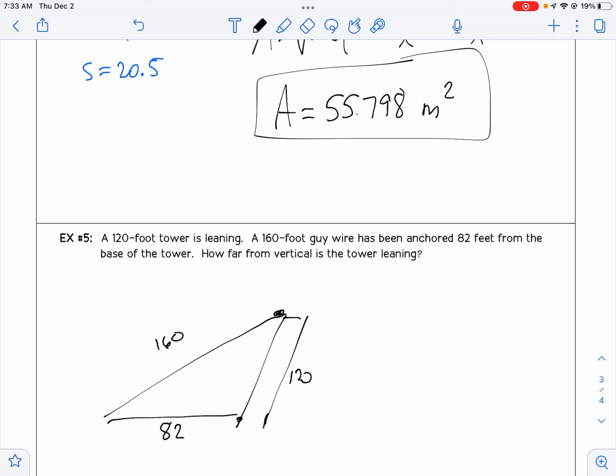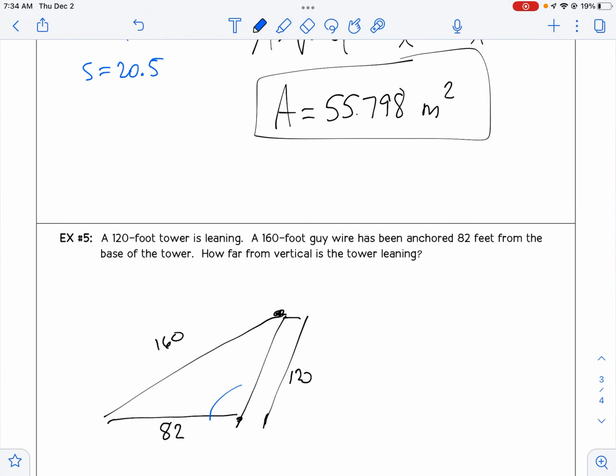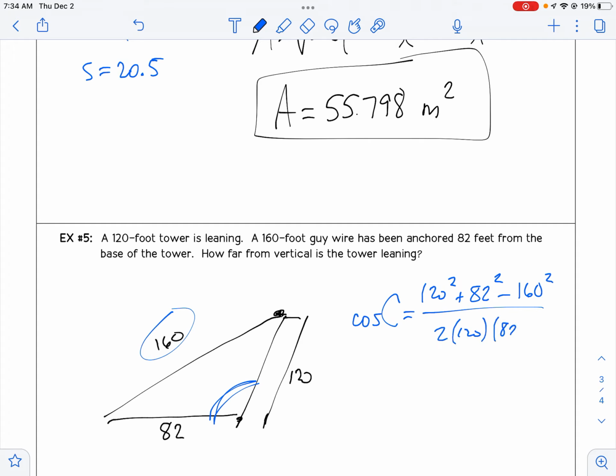So this is side, side, side, right? How far from the vertical is the tower leaning? We're looking for the angle at which the tower is leaning. Again, that will be across from the 160. So as I set this up, cosine of C is going to equal 120 squared plus 82 squared minus 160 squared, divided by 2 times 120 times 82.